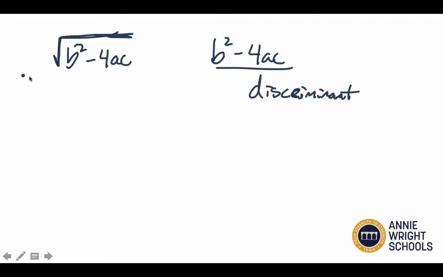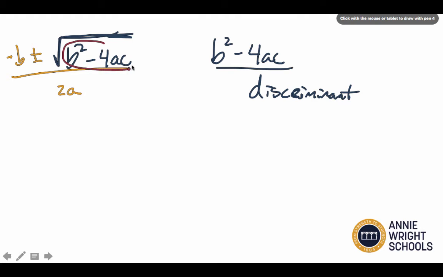And when you talk about the quadratic formula, negative b plus or minus the square root of that mess all over 2a, it's this part that's going to cause some problems. Because if you get a number that's positive, then you add a square root and you subtract a square root, and you end up getting two answers whenever this is some positive number.